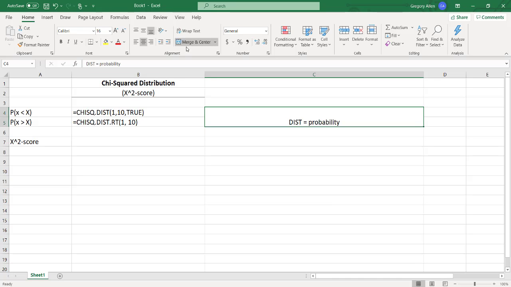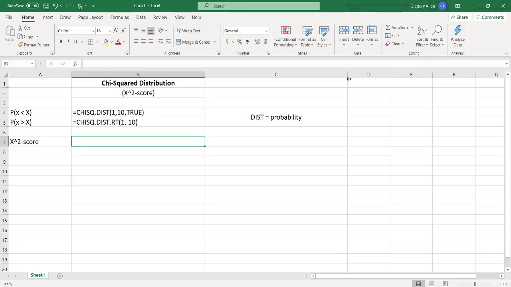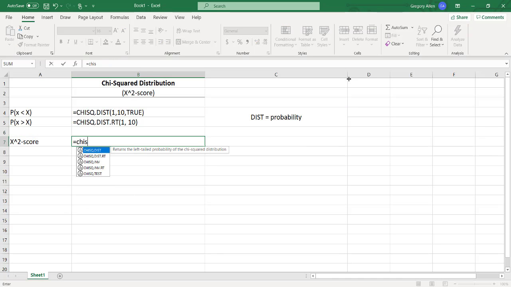So to find chi-squared values, chi-squared scores, I'm going to, again, do the exact same thing we've done before. I'm going to use chi-squared dot inverse. And that's going to give me the chi-squared value that has a probability to the left of it equal to what I put in here for this probability parameter.